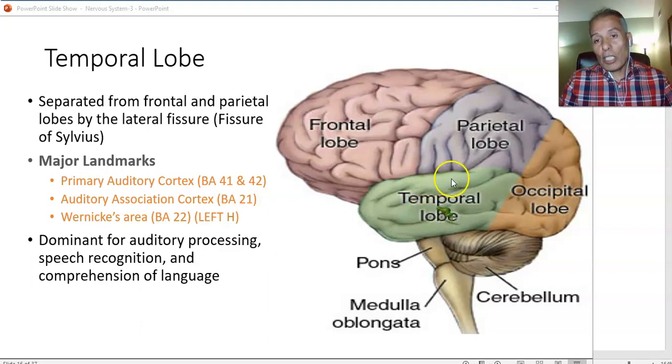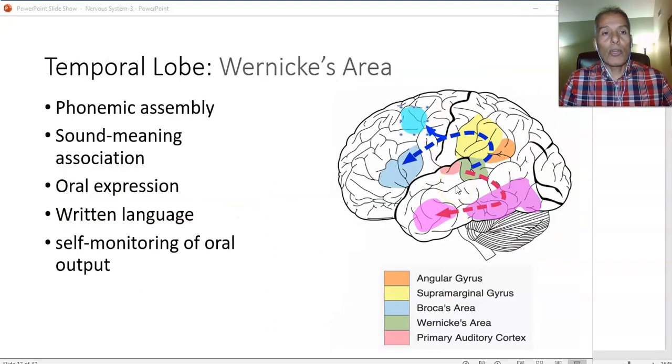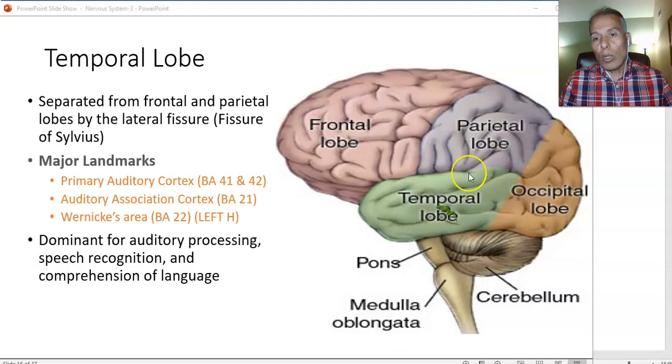And posterior to the primary auditory cortex, in the posterior part of the superior temporal gyrus, that is Brodmann area number 22, a very important structure that we know as Wernicke's area, that is dedicated to the recognition and comprehension of speech, and we'll discuss the functions.